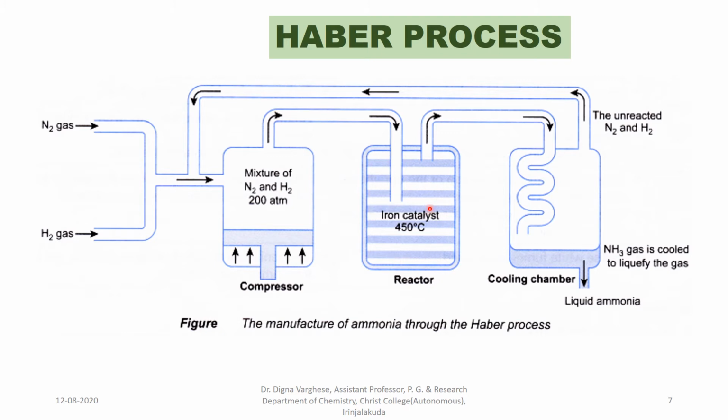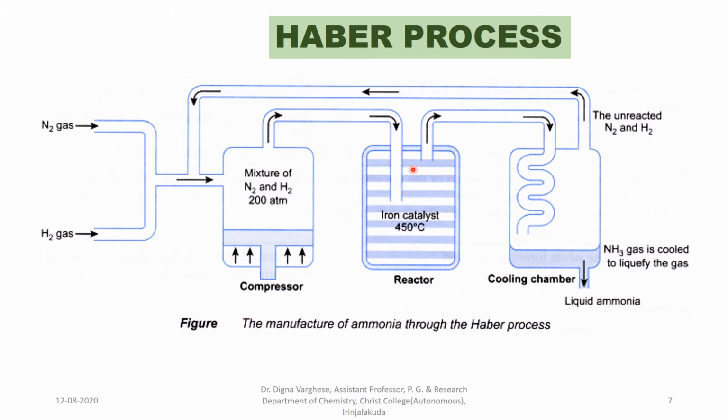and here the temperature condition is 450 degrees Celsius. If too low a temperature is used, the reaction would be very slow because the reactants would not be able to acquire the activation energy for the reaction. So the optimum temperature for this particular reaction for the catalyst is 450 degrees Celsius for the better yield of ammonia.